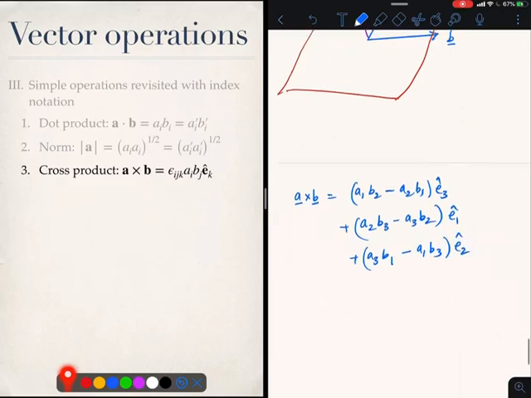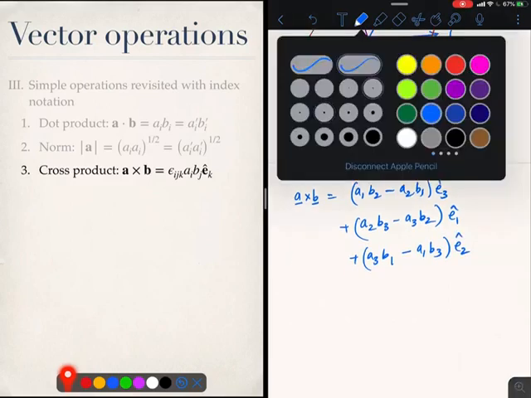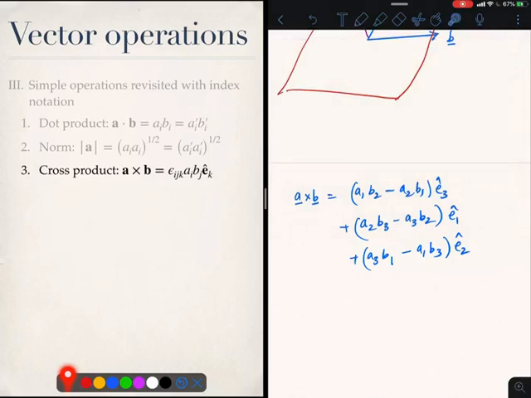Let's look at this. 1 2 3, that's an even permutation. 2 3 1, even permutation. 3 1 2, even permutation.